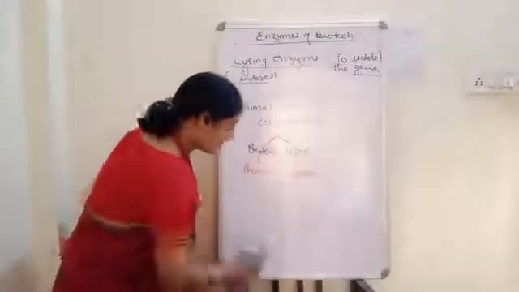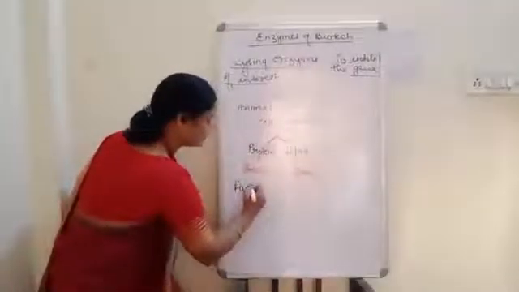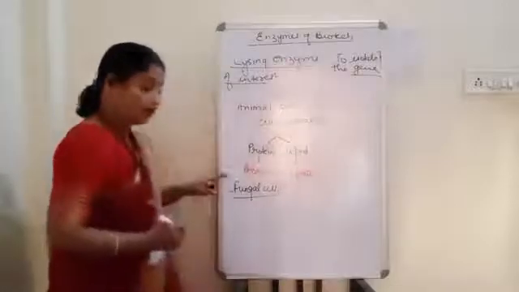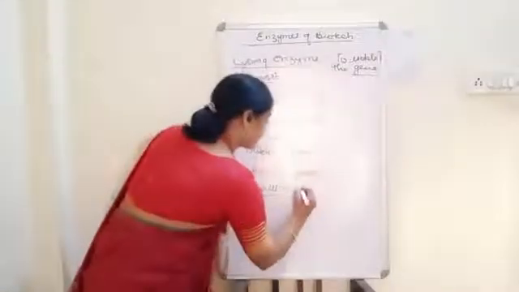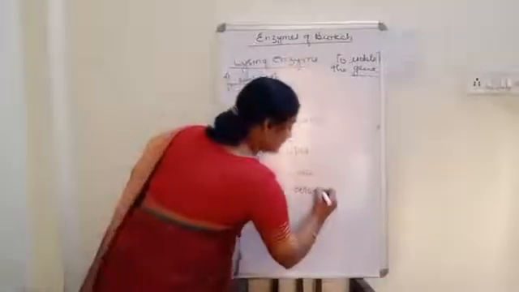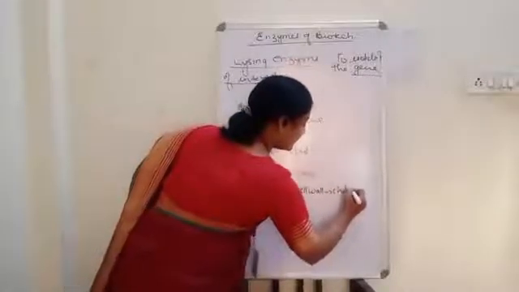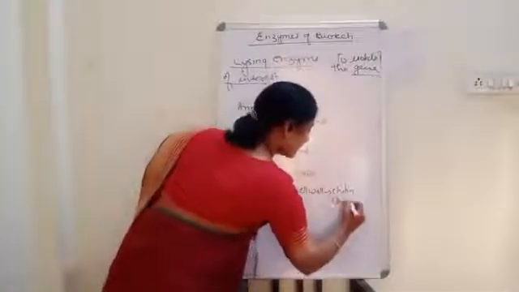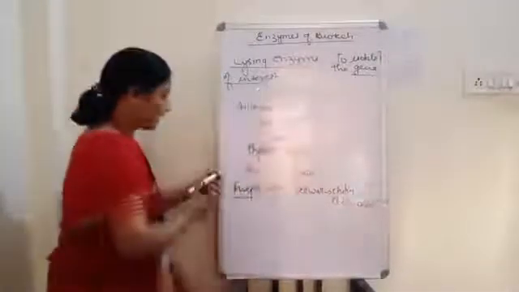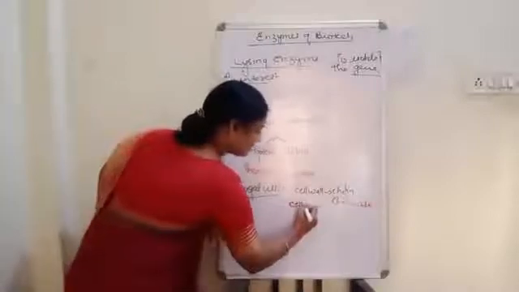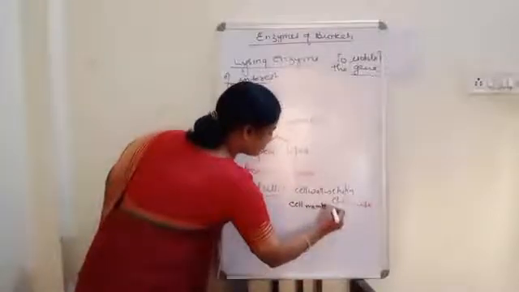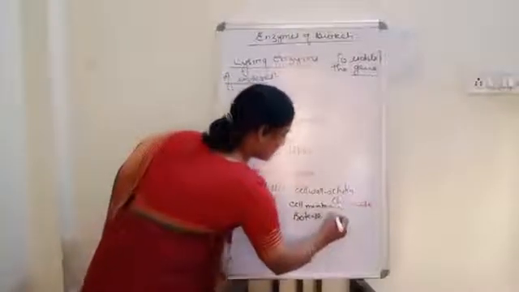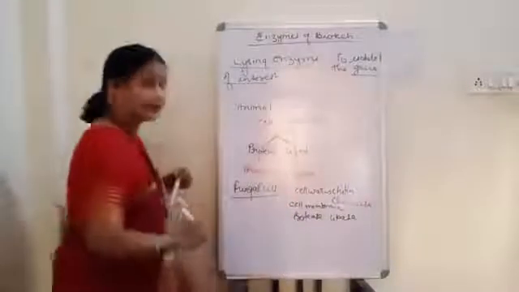Then suppose we see the fungal cell. Once again, the cell wall of the fungal cell is made up of chitin, and to dissolve that we need chitinase. After this, the cell membrane, and just to dissolve the cell membrane we need protease and lipase.